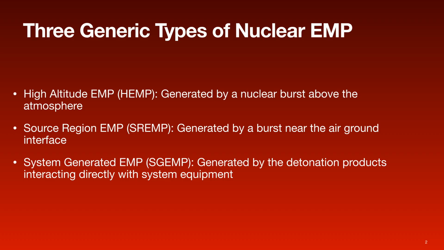It is the electrical signal resulting from detonation products interacting directly with the equipment. Because system-generated EMP signals vary so strongly with equipment topology, detailed waveforms of SGEMP effects will not be discussed here.